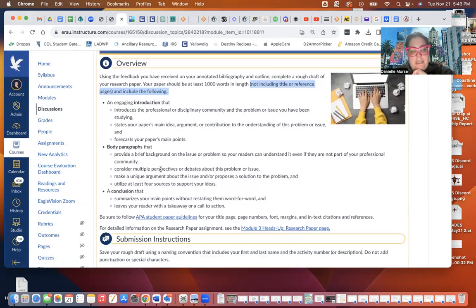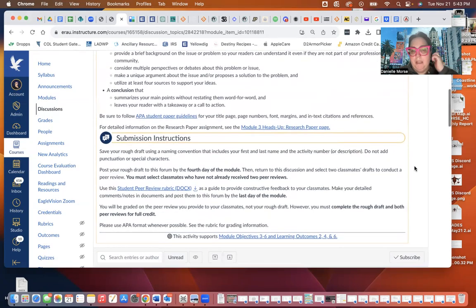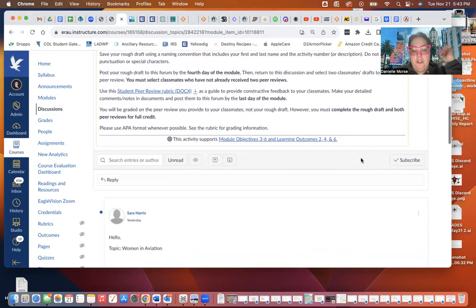Gives you some brief criteria here about the introduction, the body paragraphs, and a conclusion. It's reminding you about the APA student paper guidelines, which you can look at in your APA manual or on that OWL at Purdue site. And then you have some submission instructions.